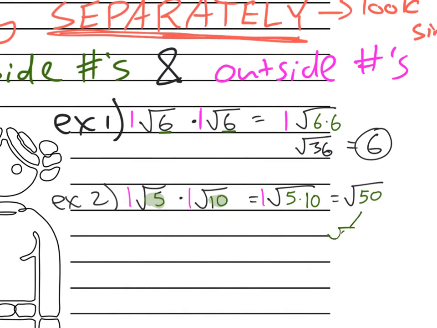We're going to break it down with 25 and 2. So what does this new answer become? 5 times the square root of 2. Remember, you can use your calculator, but if you just have an answer from here to there, you're not getting full credit. You have to show how you get your final answer.